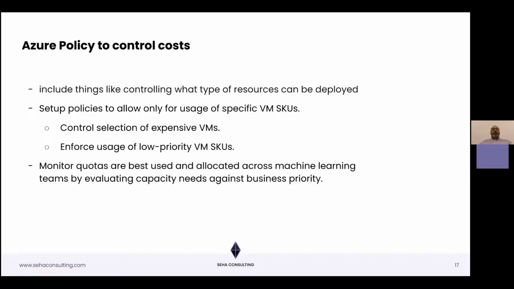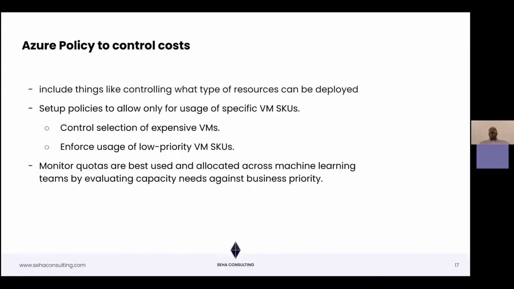So, around Azure Policy to control costs. When we talk about Azure policies to control cost, what we're really talking about is what type of resources can be deployed. At your workspace level, you're able to set up policies to allow usage of specific VMs.